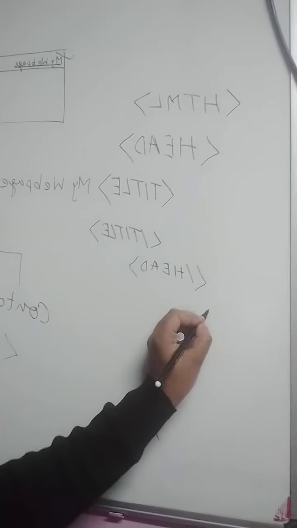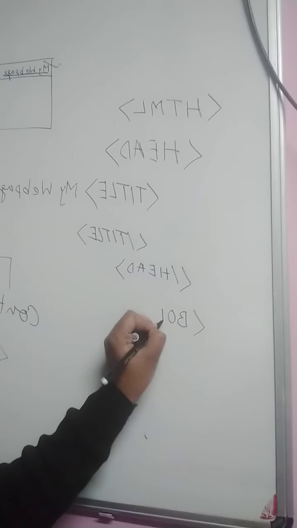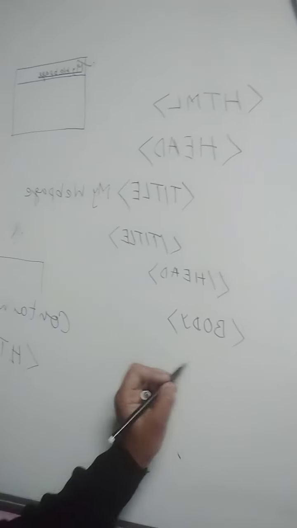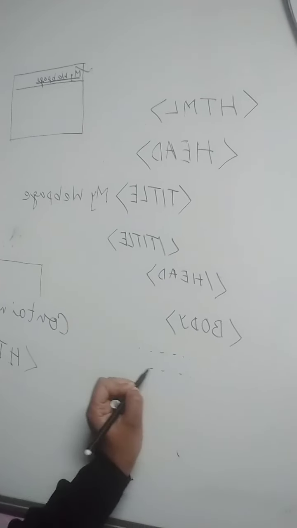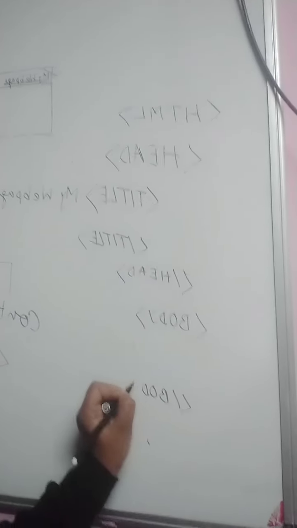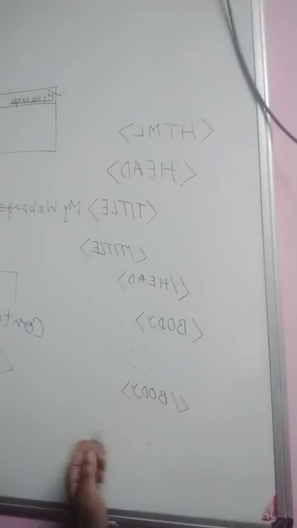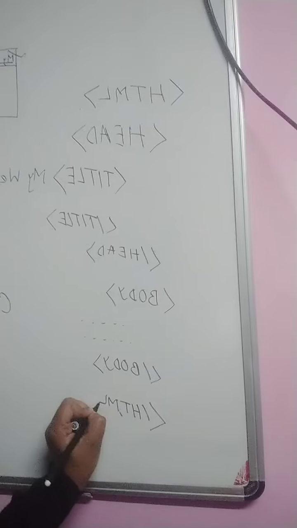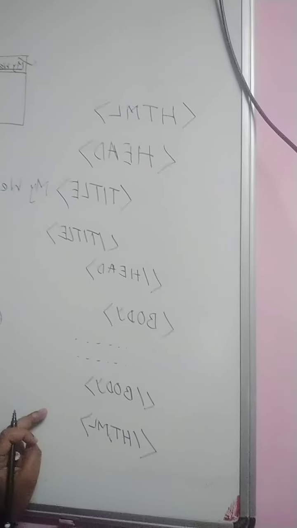After that the body section will start using the tag body. There are so many sub tags under the body. I am not telling about those, I am just telling about the body section. After completing the body section you have to close the body, and at the end you have to close the HTML. After writing this using this format, you have to save the file by using .html or .htm.